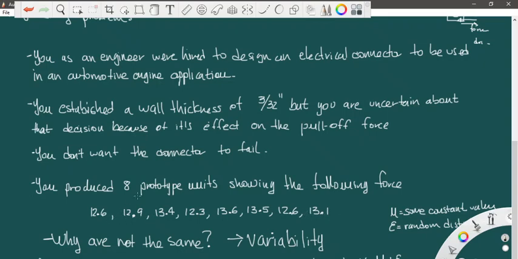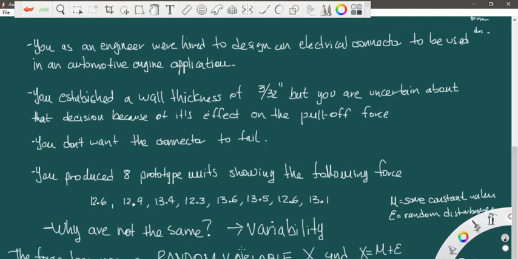If you are producing all these connectors with the same wall thickness, why is the pull-off force different from part to part? Well, this is because of the natural variability. In this case, this force value that you are analyzing becomes a random variable.